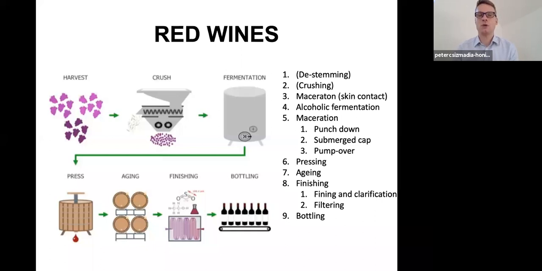The temperature control during the fermentation process is key. One of the reasons why it is key to control it is because the various esters, which are practically the carriers of flavor compounds, are very volatile, and the higher the temperature, the more volatile they are, so the more quickly they practically evaporate.